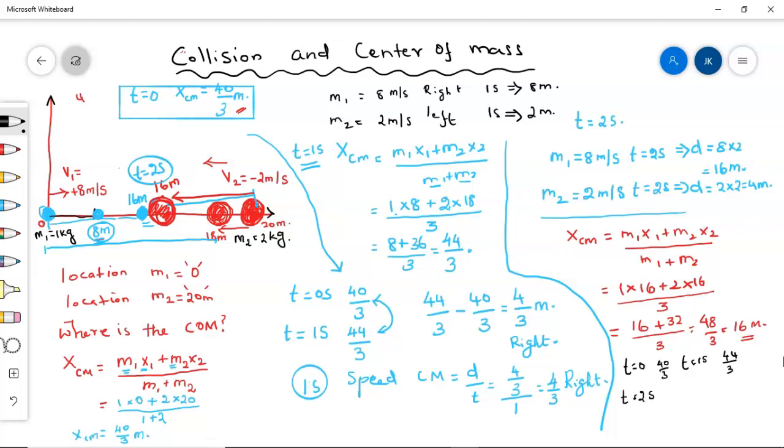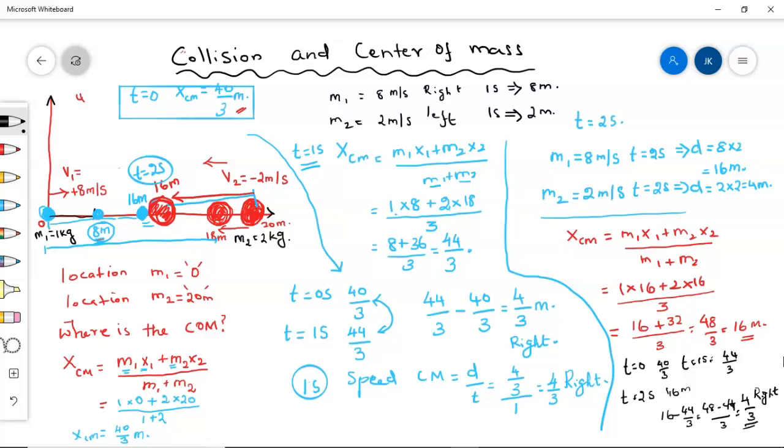And at 2 seconds, the location is 16 meters. Now I want to subtract the 1 second location from the 2 second location. So 16 minus 44 over 3, which is 48 minus 44 over 3, is equal to 4 over 3, and it is again to the right.